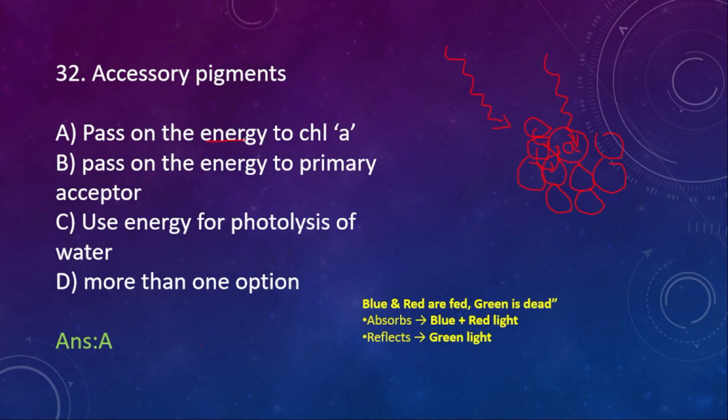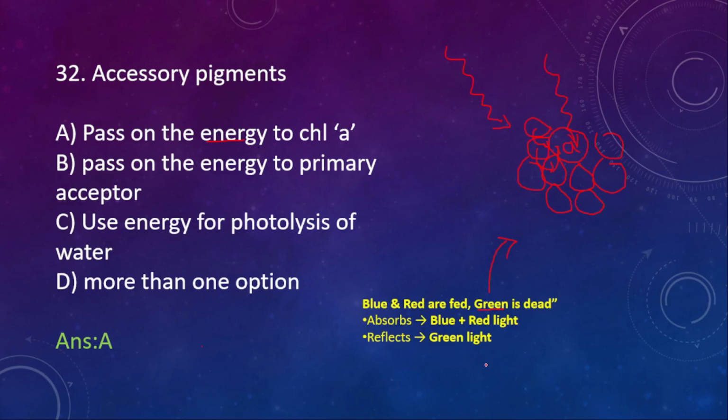Here absorption takes place at the blue and red regions. That is what I wrote here: blue and red are fed, and green is dead. Why is green dead? Because in the green region there is no absorption of light. When light is not absorbed, green is reflected back.